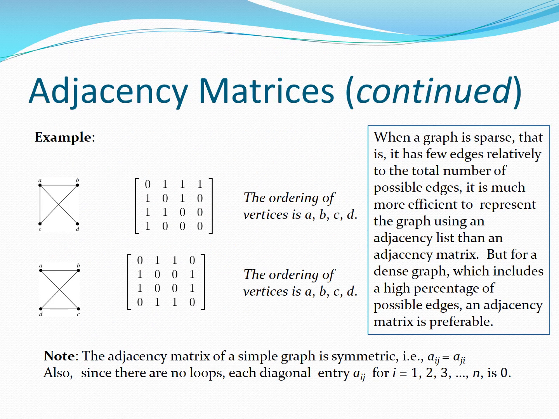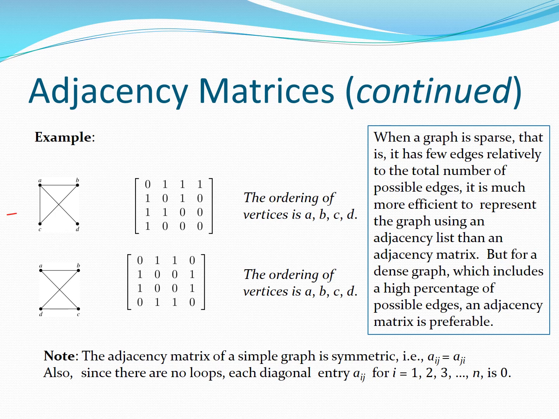All right, so let's take a look at some examples to understand how to represent a given simple graph in the form of an adjacency matrix. So here are two examples.